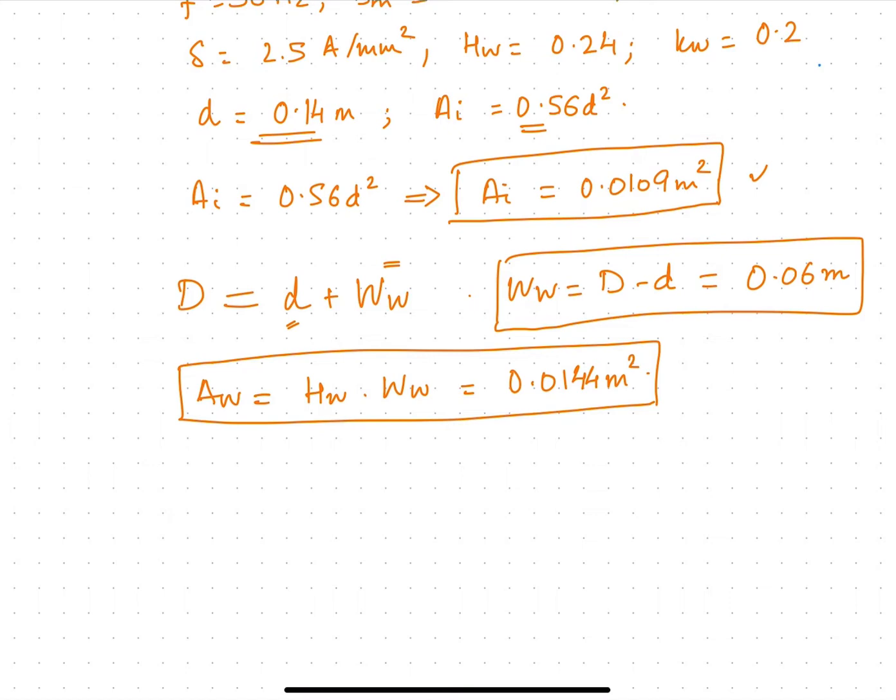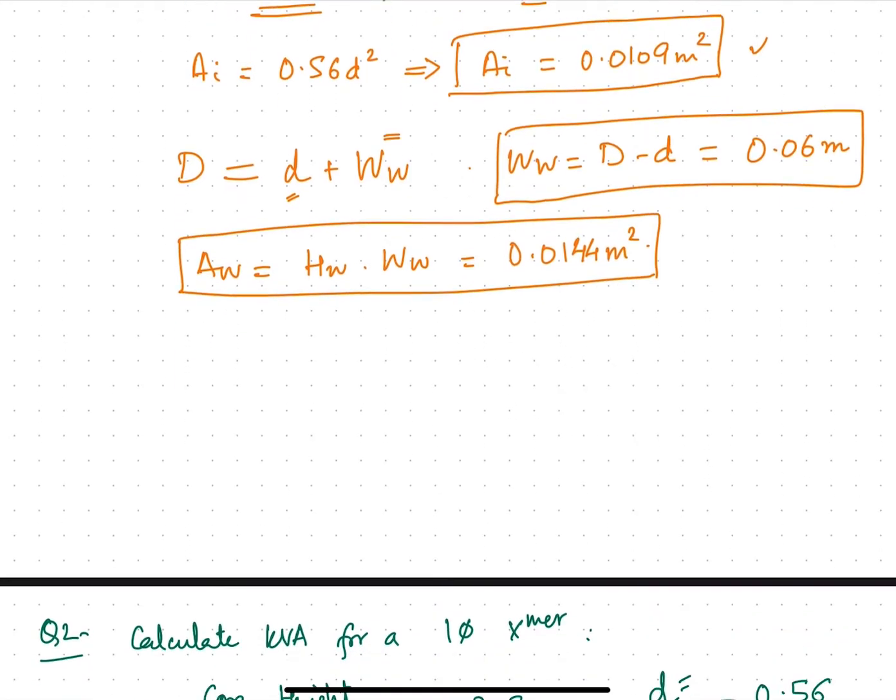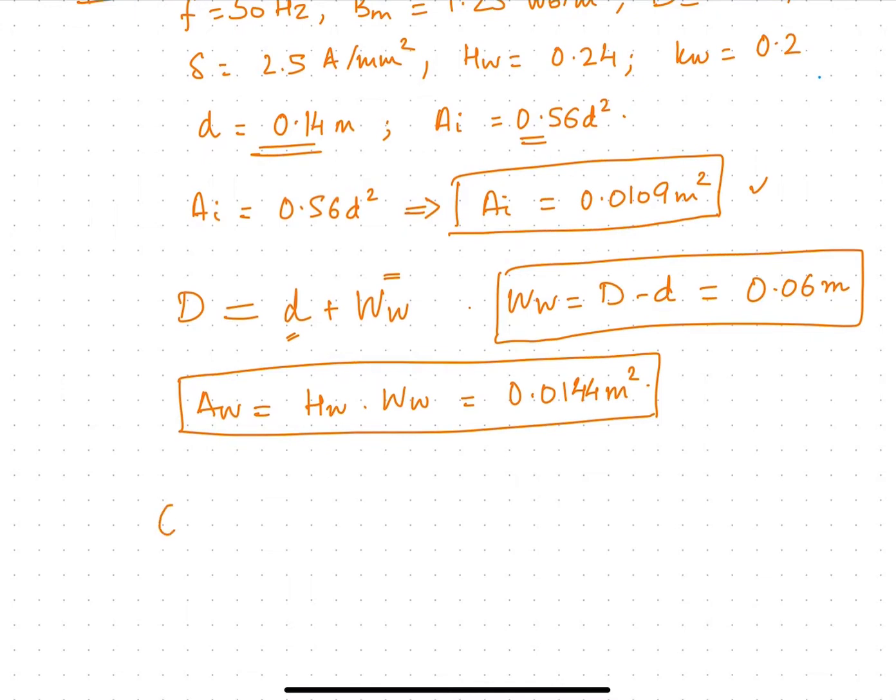Okay, now all of these parameters we have with us. What is to be done? We have to put them in the output equation for the transformer. It's the three-phase core type transformer.